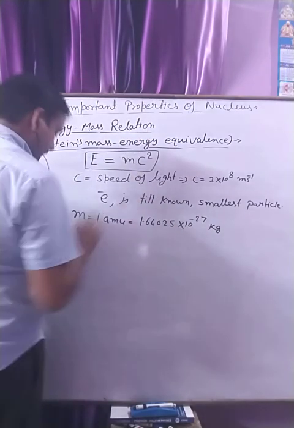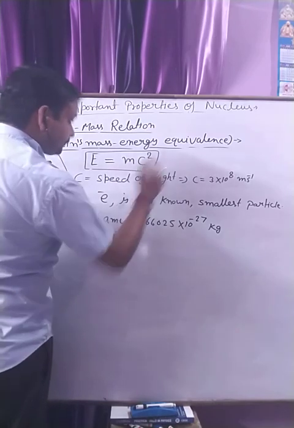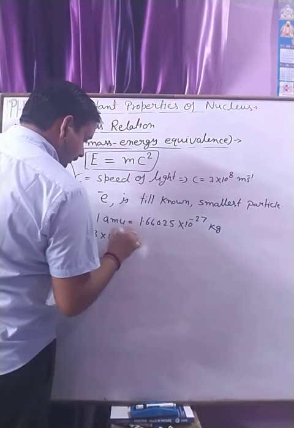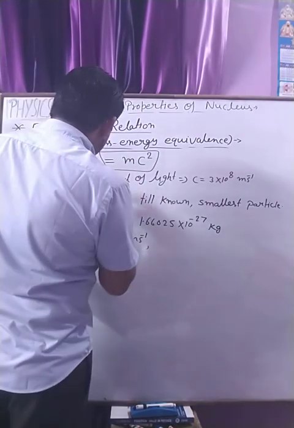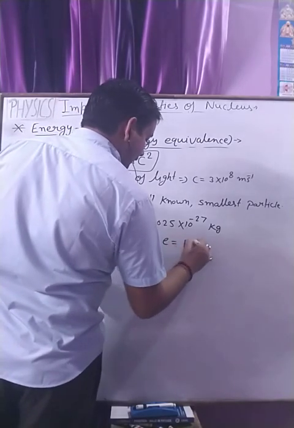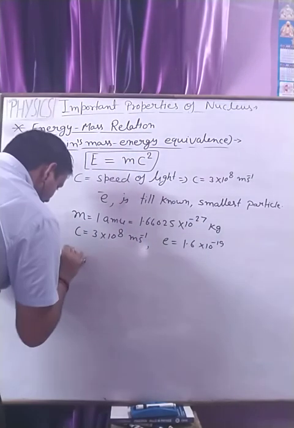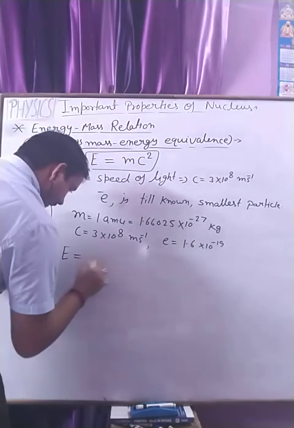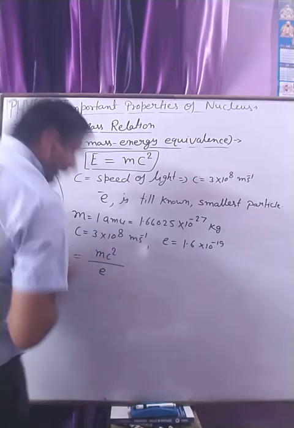And we have the speed of light c equal to 3 into 10 to the power 8 meter per second, and the charge on the electron is 1.6 into 10 to the power minus 19. Then the energy in electron volt is mc square upon the charge on the electron.